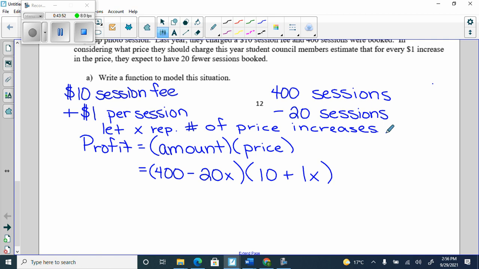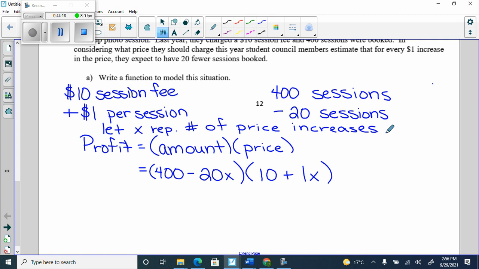We just don't know what that price increase is. But do you understand how we set up the equation? The X always gets put with the new increase or decrease. So if I'm increasing it by $1, I get 1X. If I'm decreasing it by 20 sessions, I get 20 minus 20X. But the number in the front, what we started with, from like last year, those don't have X's with them. Do you see that?